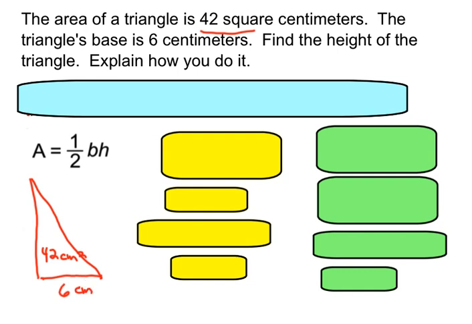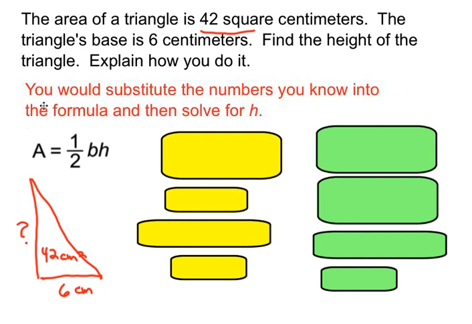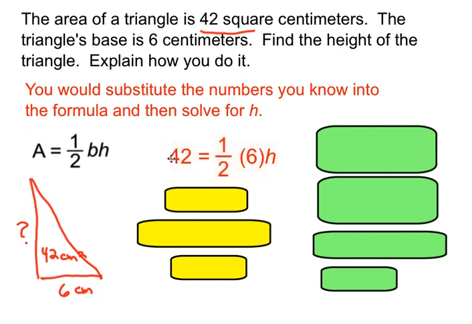What we don't know is the height. Okay? So how would we solve this? The best way to solve it would be to substitute the numbers you know into the formula and then solve for h. So the first thing that you would do is take the formula and plug in what we know.